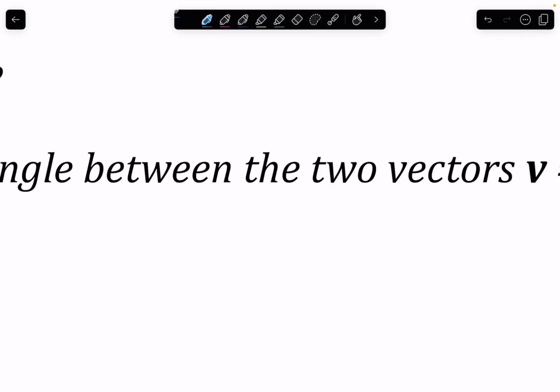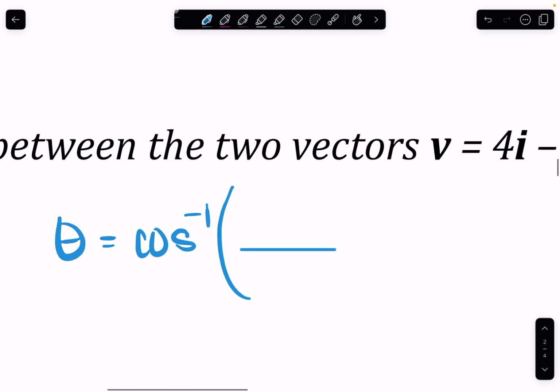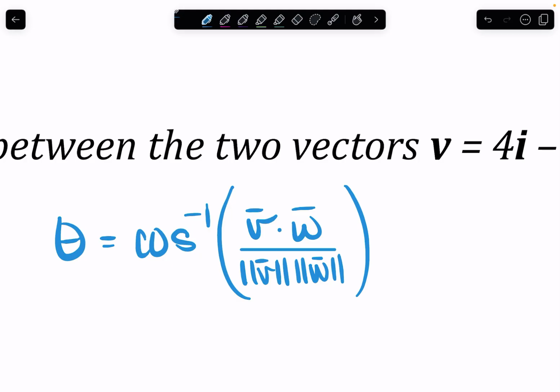So the angle theta is going to be the inverse cosine of the dot product between the two vectors, v and w, over the product of the magnitudes of the two vectors, v and w. So I'm going to find the numerator and denominator off to the side rather than do this all in one giant mess.